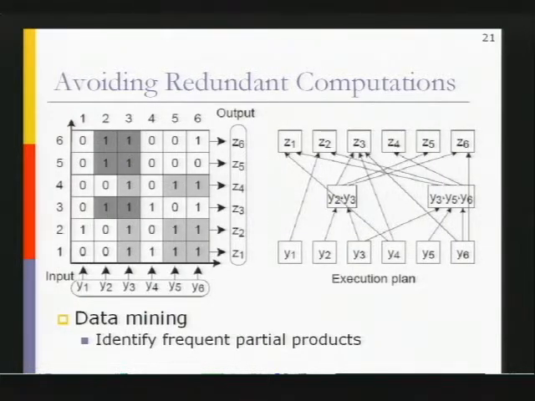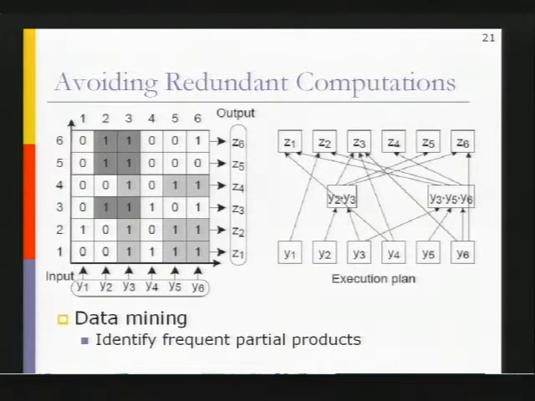Now, if I see that a lot of these patterns are frequent, I can save some multiplications. Why? Because using, for instance, the shaded pattern here, Y3, Y5, Y6, I can determine Z1 by multiplying this with Y4, and I can determine Z2 by multiplying with Y1. So there is a significant saving in terms of multiplications.